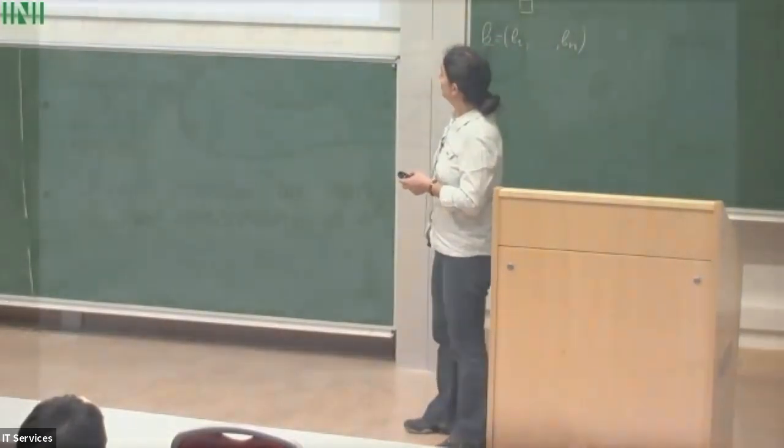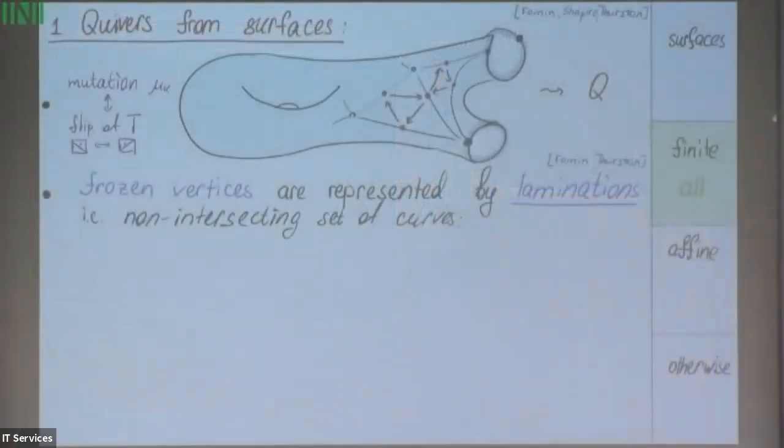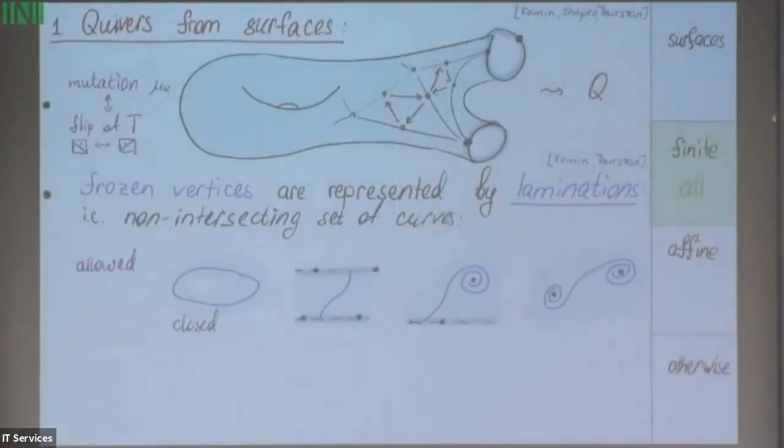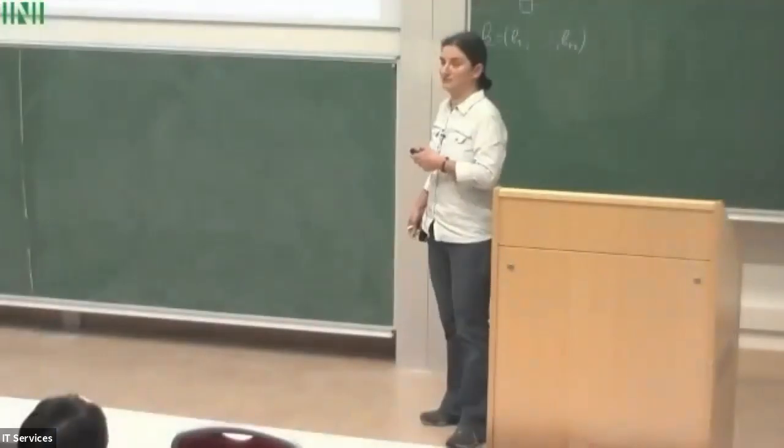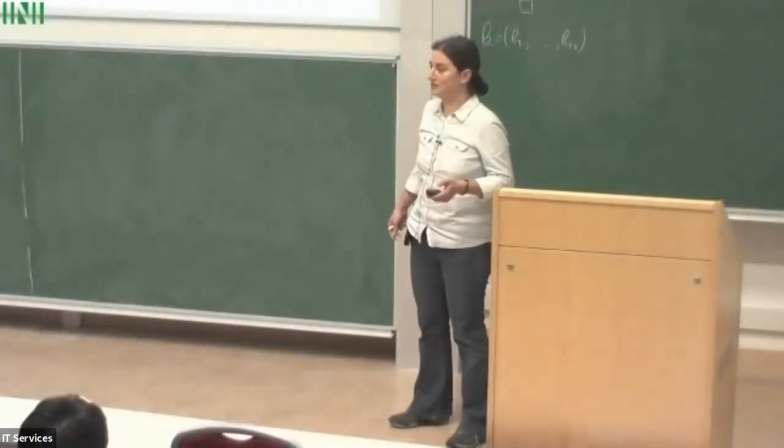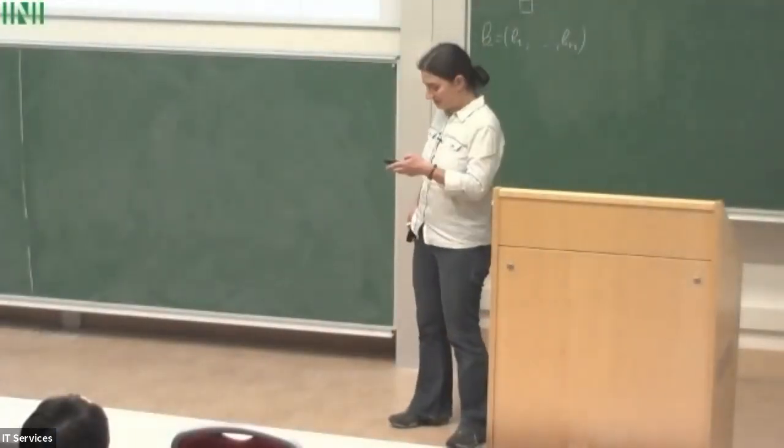And what is a lamination? It is a set of non-intersecting curves where we allow closed curves or curves starting from one boundary component and going to another boundary component, or to the same boundary component, or it can spiral into a puncture in one of two directions, something like this.